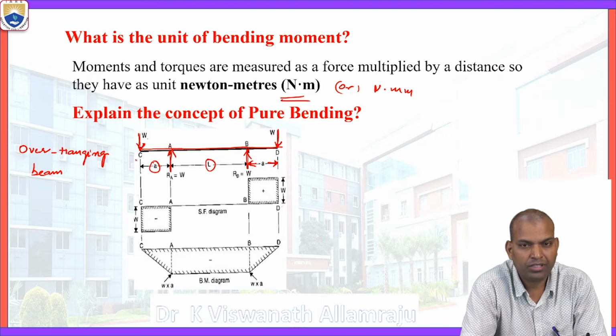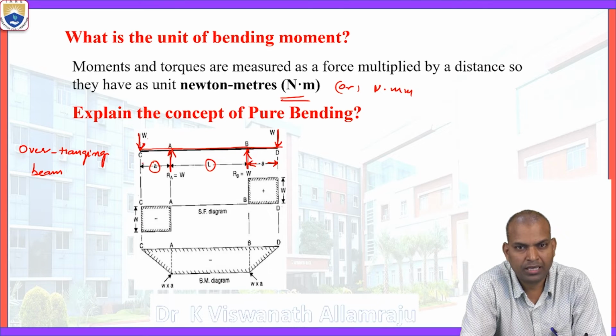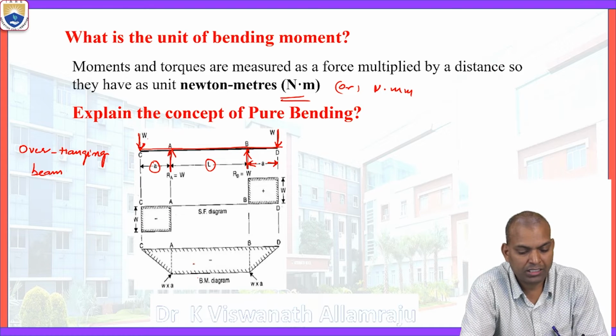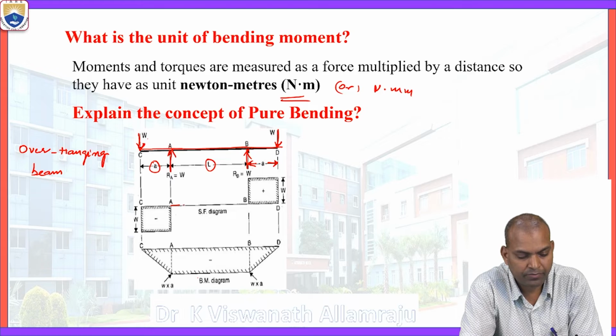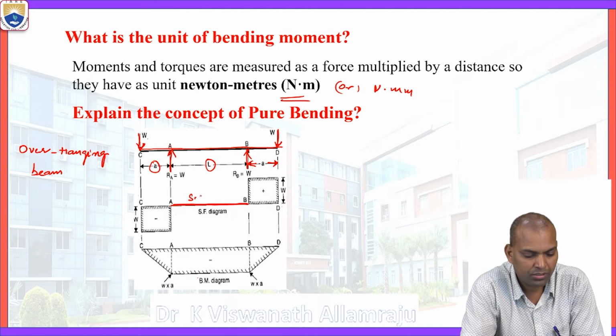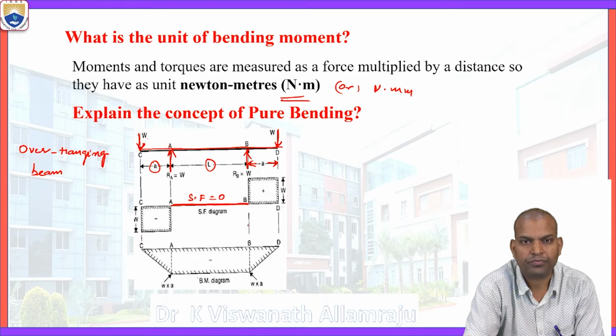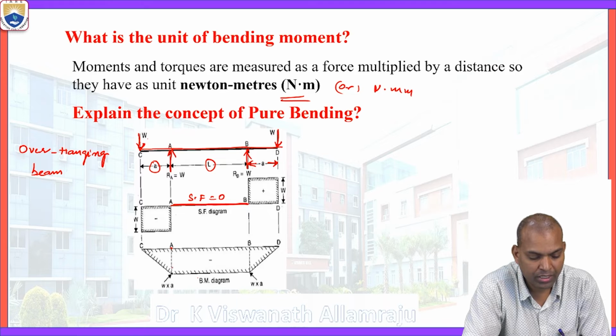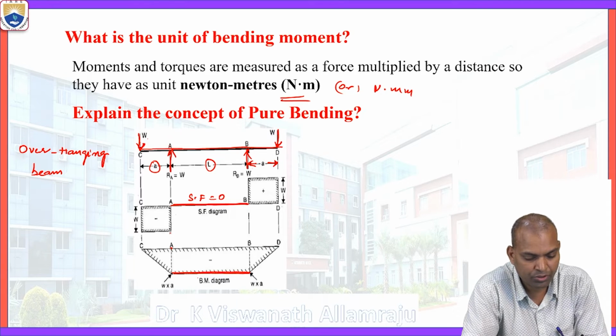After calculating the shear force and bending moment and drawing the shear force diagram and the bending moment diagram, you can see here for the span A to B, the shear force is 0. At the same portion, in the bending moment diagram below, if we observe, the bending moment is constant.